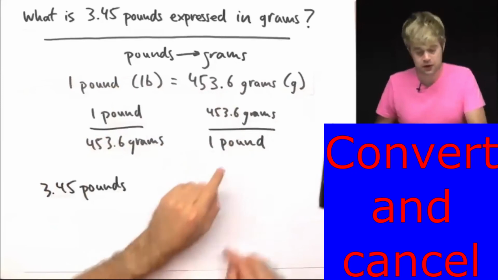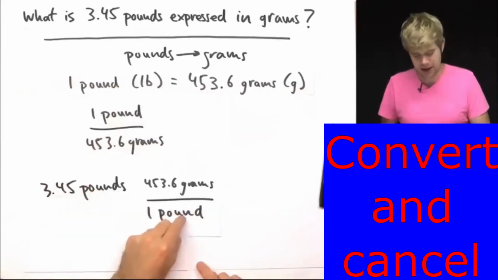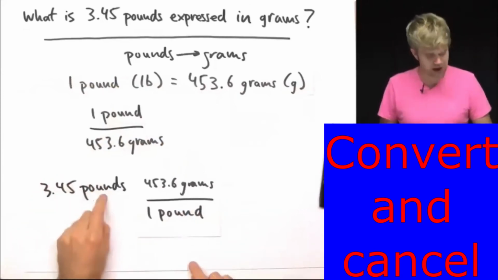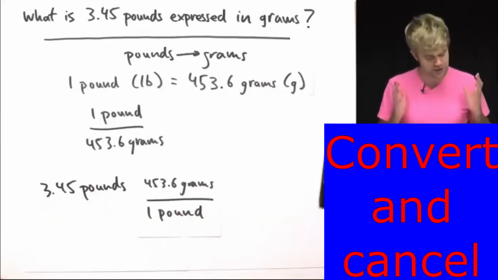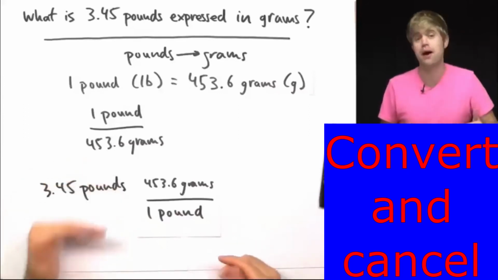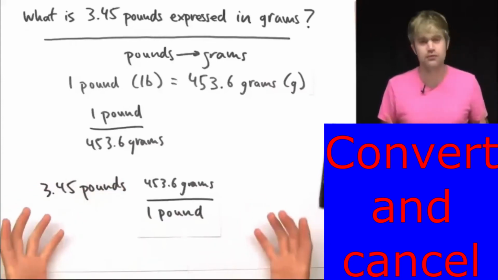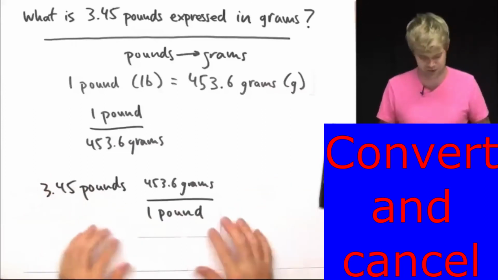The one that I'm going to use is this one because pounds is up here and pounds is down here. Let me tell you what that means. So 3.45 pounds, that's not part of a fraction, right? There's no fraction line. And so if something does not have the bottom of a fraction, you just assume that it is the top of a fraction. It's the same as it being on the top of a fraction if it doesn't have a bottom. That's what I mean.